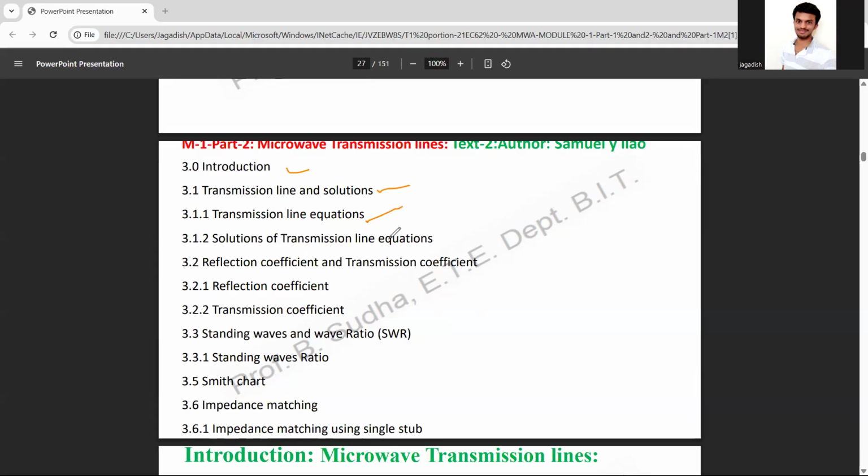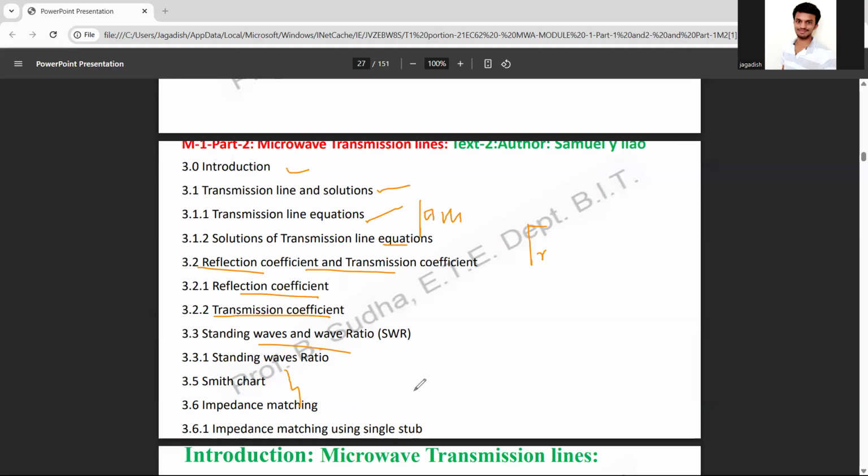Transmission line equations are very important, 10 marks again. Solution of transmission line equation, reflection coefficient and transmission coefficient, again very important. Reflection coefficient, transmission coefficient, SWR, Smith chart, very important.